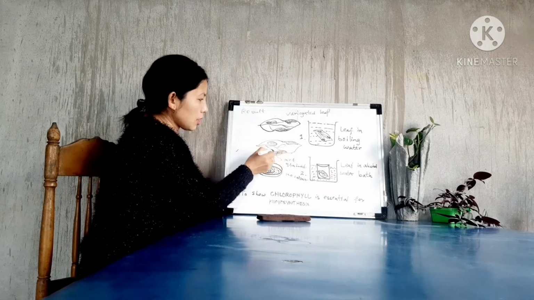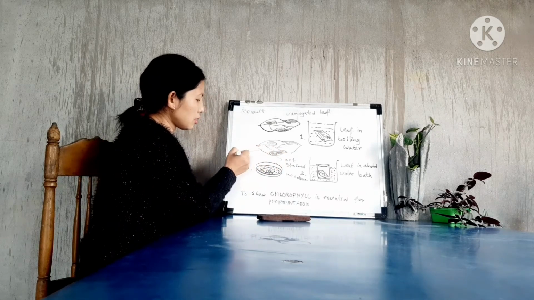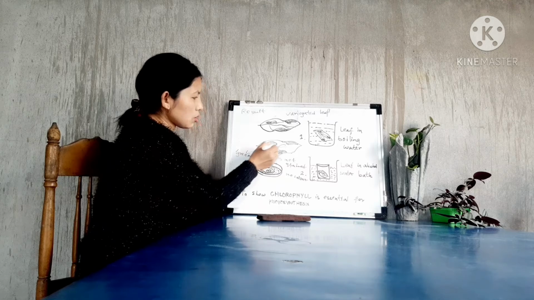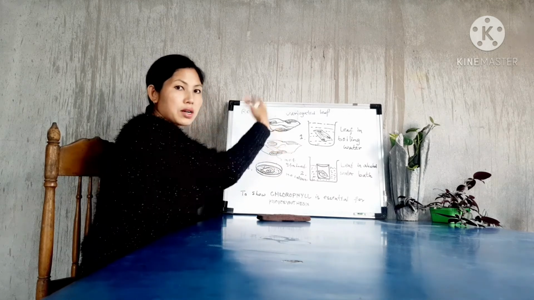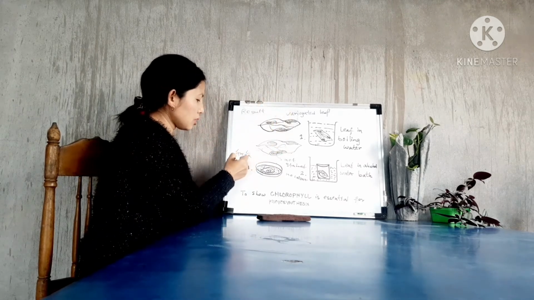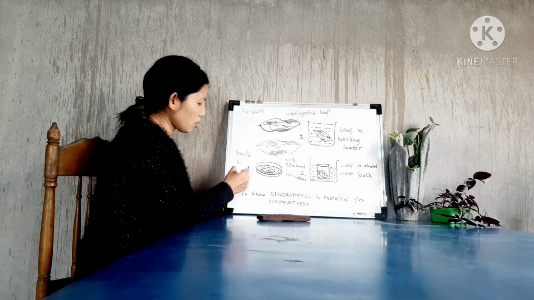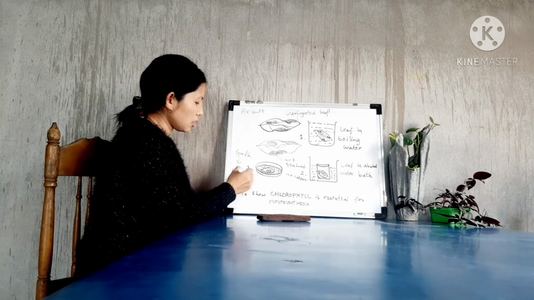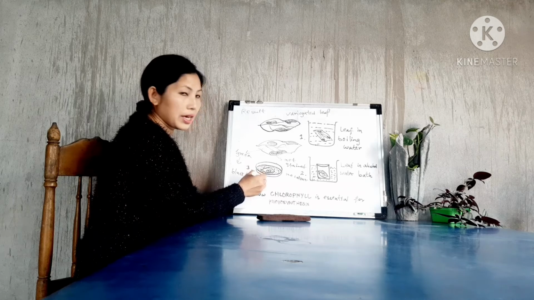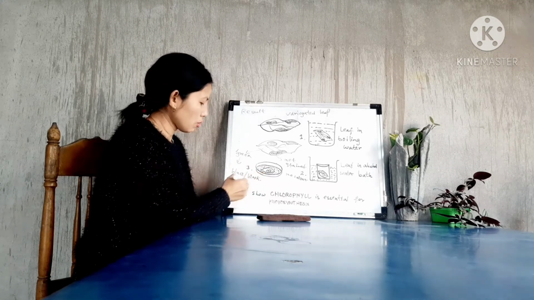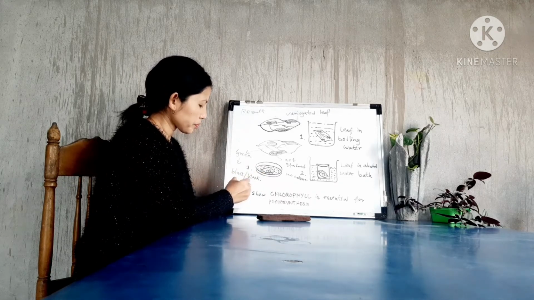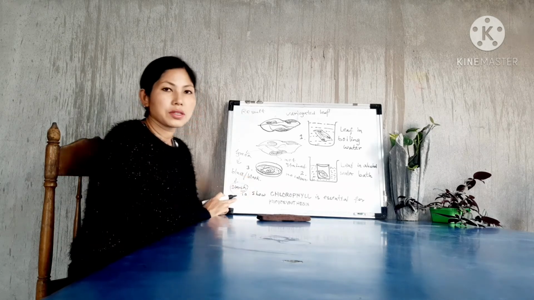Only this area which was green, which we have marked in the very first step, turned out to be blue or black in color due to the presence of starch. This is due to the presence of starch.